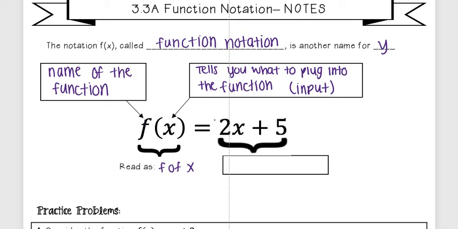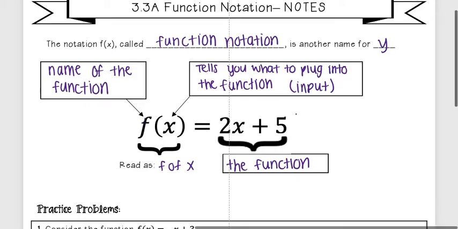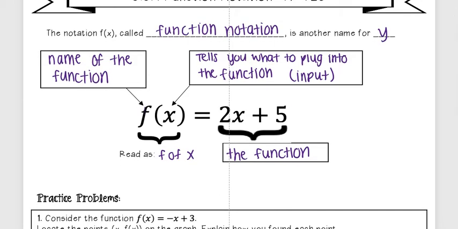And now this last part here, that's just going to be the function. And so it may look a little funny at first, but it's really no different. This is really just y right here. So again, that's just another name for y. What's special about this though is it tells us what we're plugging in to this thing.